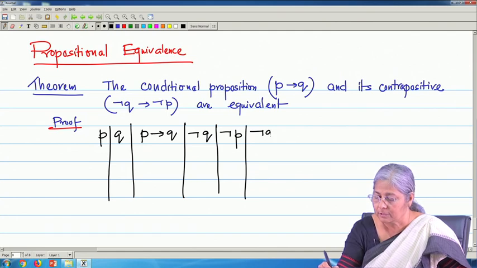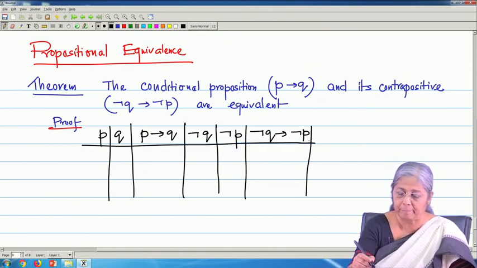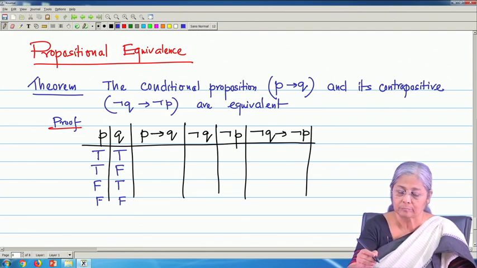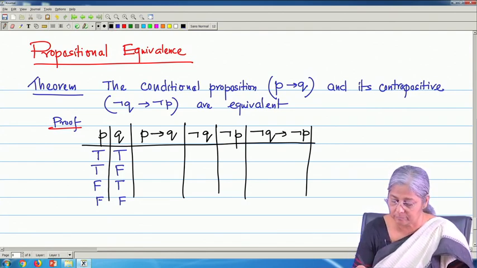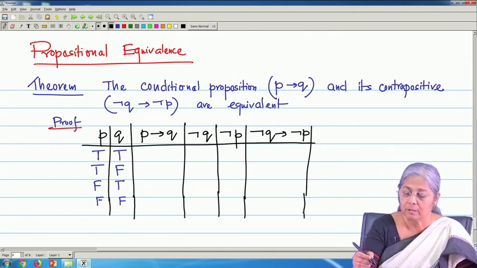Then negation Q implies negation P, for all possible assignments of P and Q. So, we evaluate.